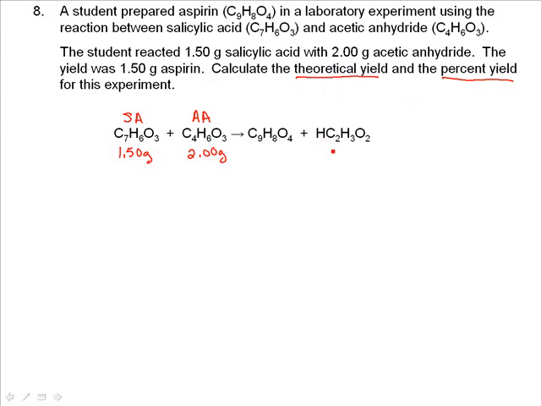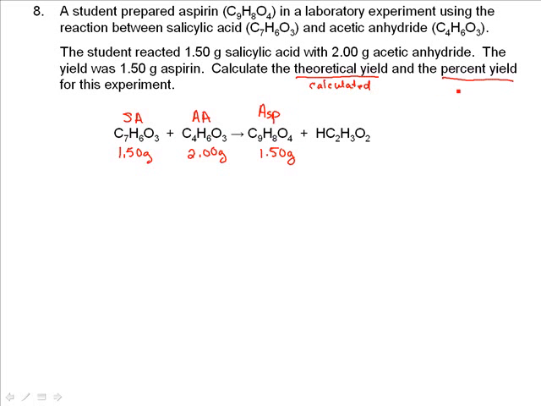So I was able to make, this is the aspirin, and I was able to make 1.50 grams. When you actually do a synthesis or make something in the lab, you don't always get the amount you want. The calculated amount is the theoretical yield.